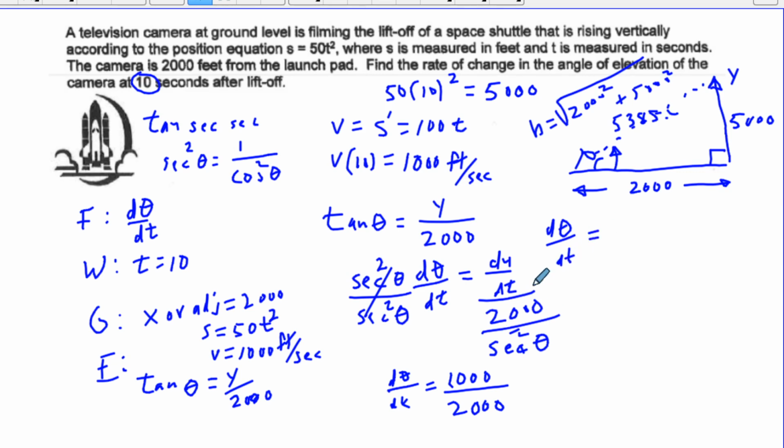It's going to be equal to this 1,000 over 2,000 times cosine squared theta, which is going to be, cosine is going to be 2,000 over 5385. And we're going to square all this out.